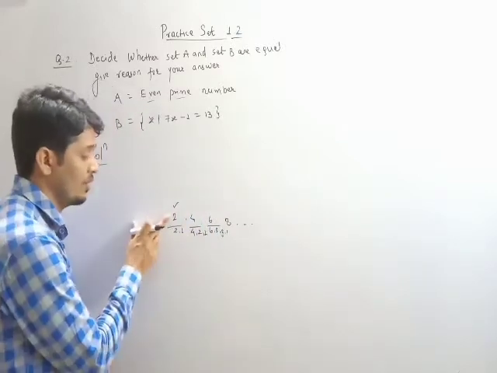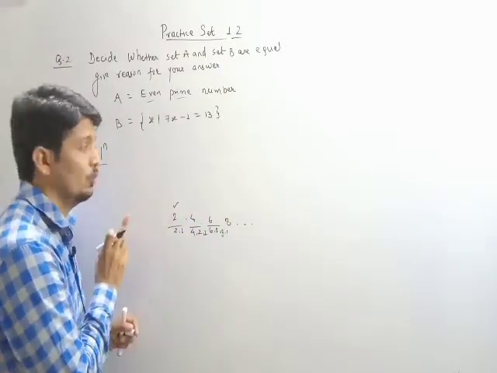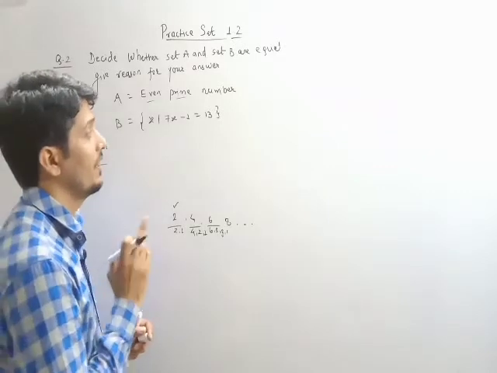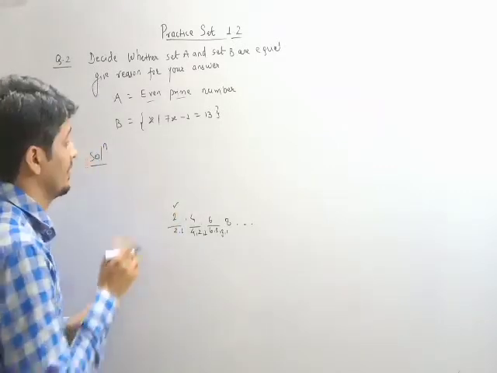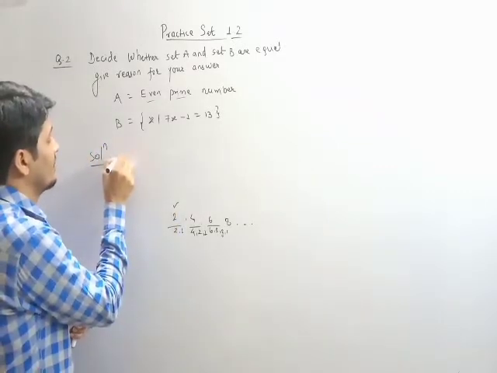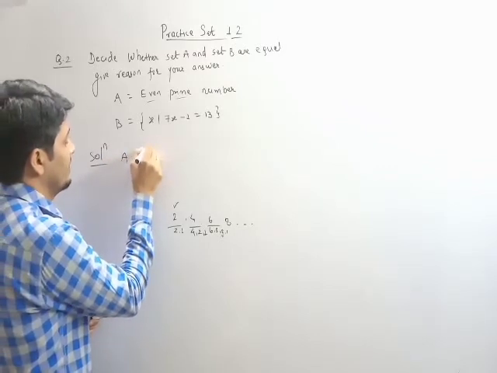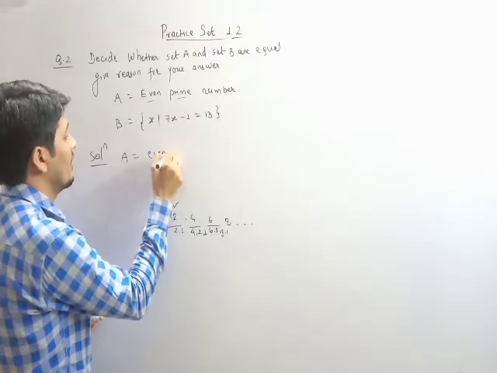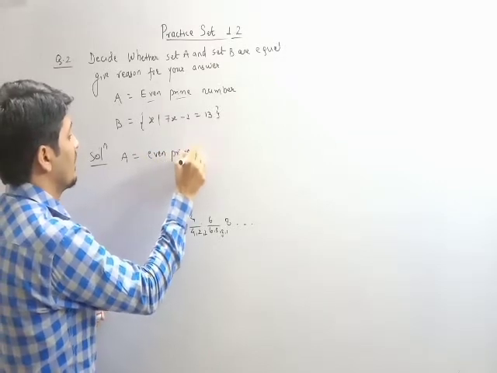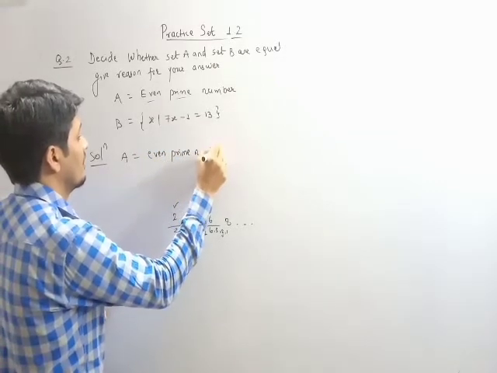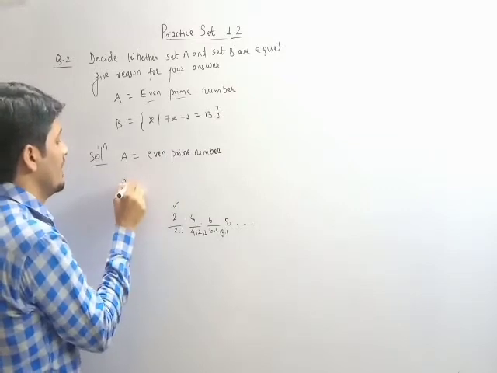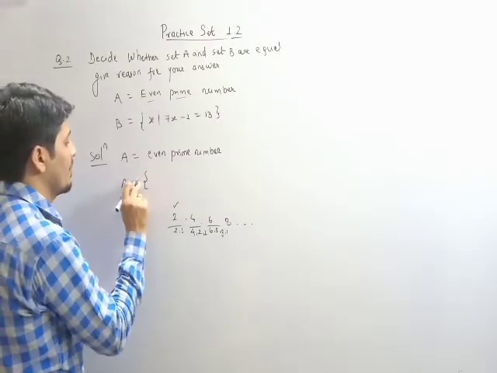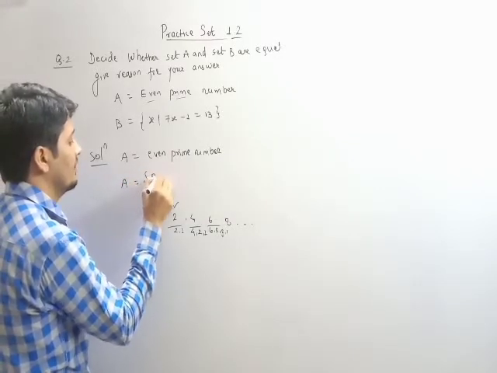So we have only one number, 2, which is even as well as prime. So set A says even prime number, and the answer is that we have only one even prime number, and that is 2.